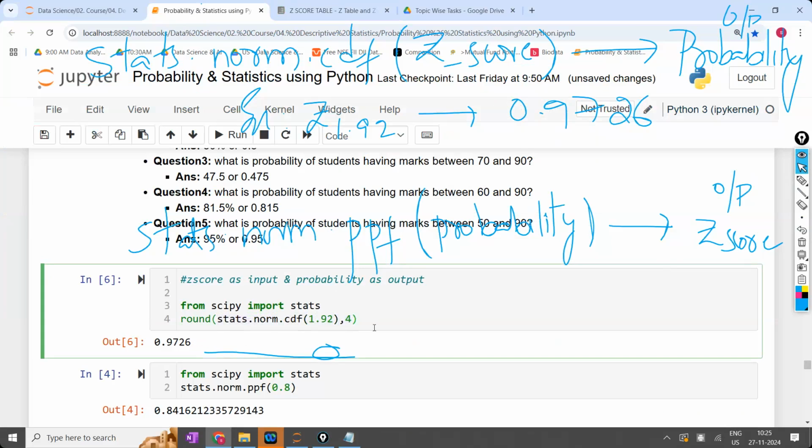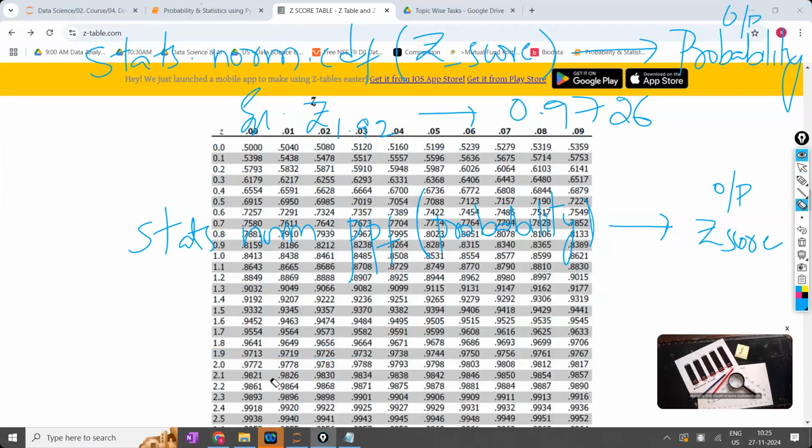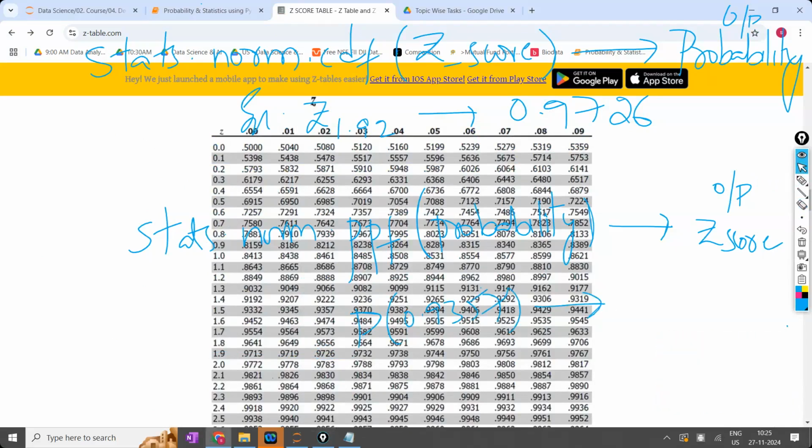Right? Now, I'm going to give you the probability and tell me what is the z-score. Probability is 0.9357. Probability of 0.9357. What is the corresponding z-score? 1.55. Observe.